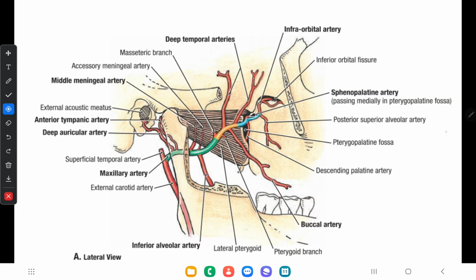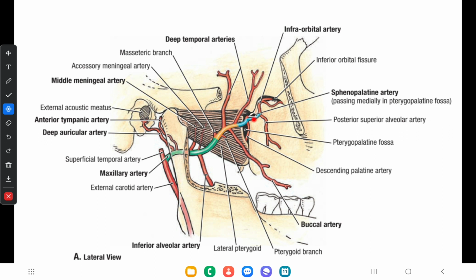From this picture you can see clearly the three parts of the maxillary artery. This is the first part, then the second part, then the third part. The first part of the maxillary artery we call the mandibular part as well.